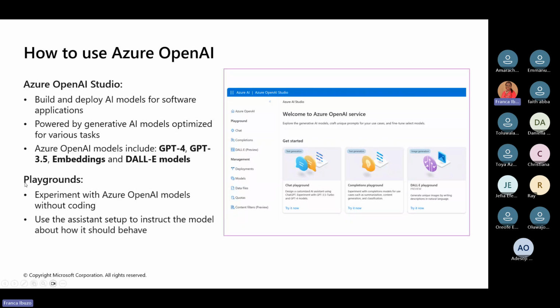And playgrounds. You can experiment with Azure OpenAI models without coding. You have a playground here where I use the assistant setup to instruct the model about how it should behave.